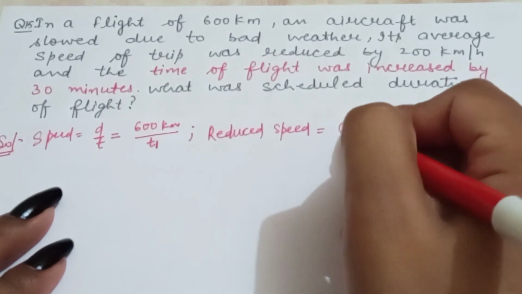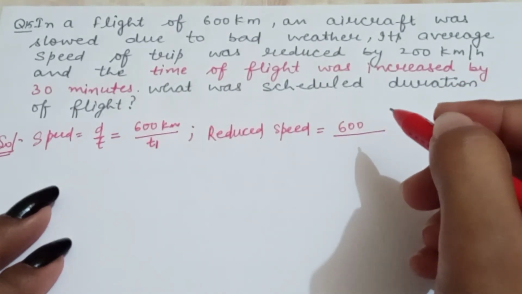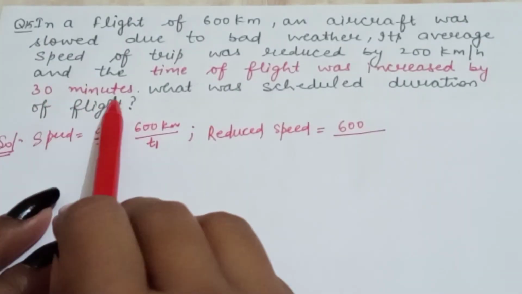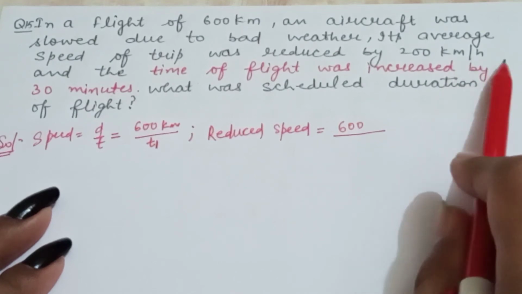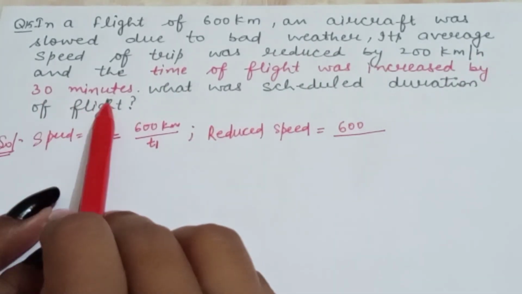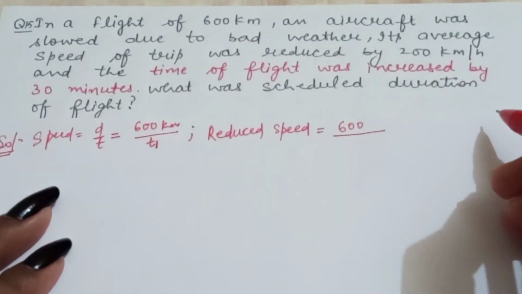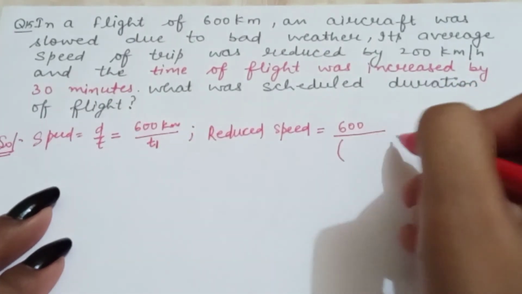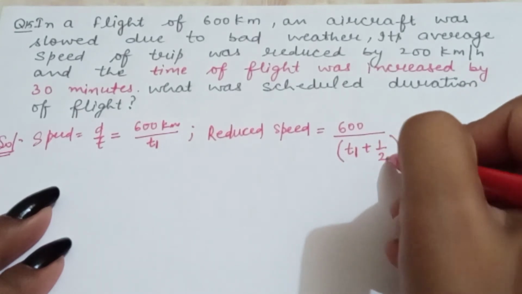Distance is the same, 600 km, but now time is changed, so time is increased by 30 minutes. As we know that speed is in kilometer per hour, so we have to convert this 30 minutes into hours. So 30 minutes is equal to half hour. So our increased time is t1 plus half.